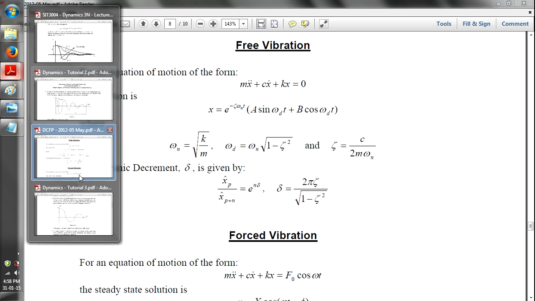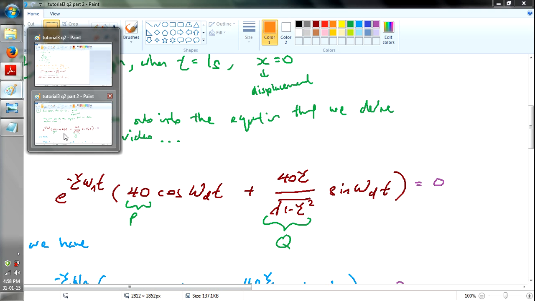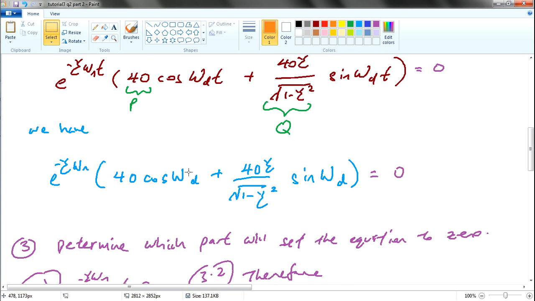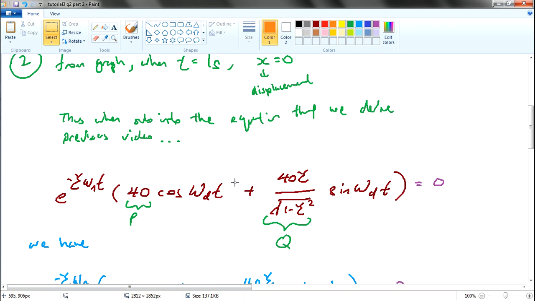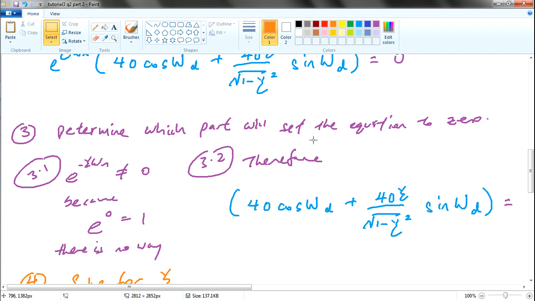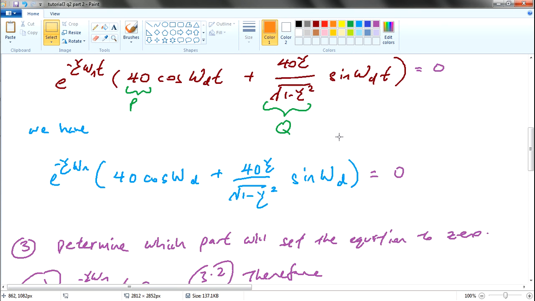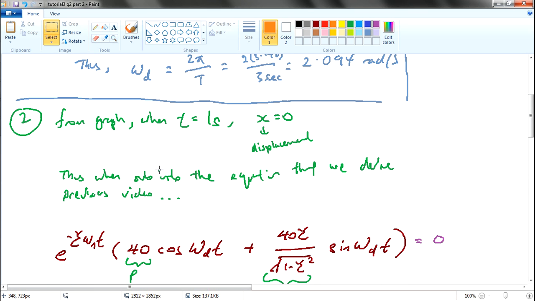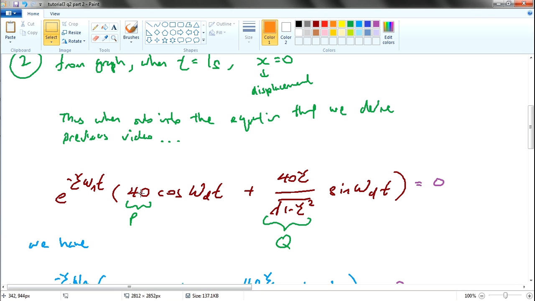The t becomes 1, so they multiply cosine ωD, the same thing. After which, we determine which part to set the equation to 0. Our purpose here is to find our damping factor.